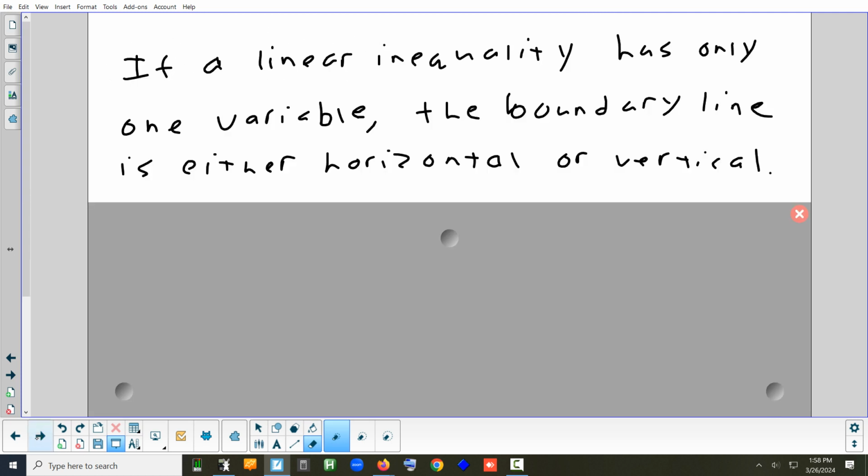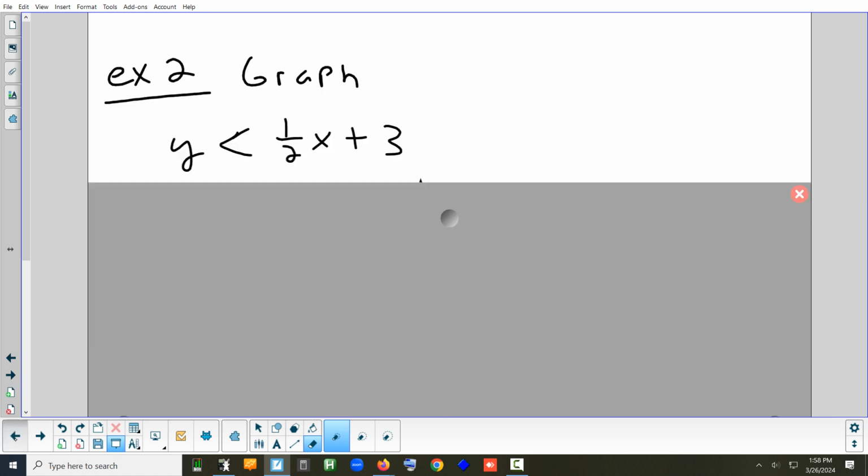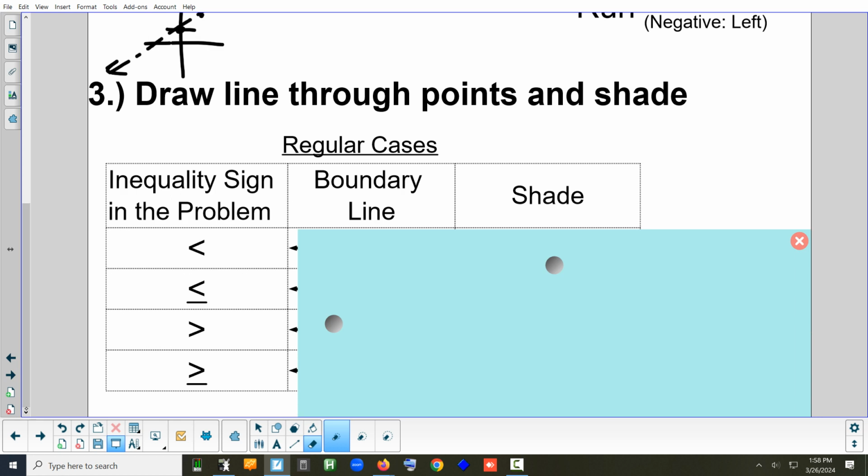I don't know if we're going to do the special cases today. Oh, never mind. We might. We'll see. Okay, so write down your 4 inequality symbols. And now let's look at the different kind of boundary lines.